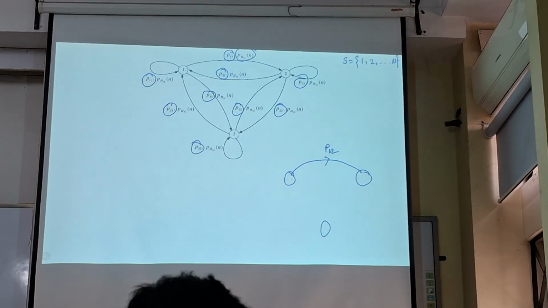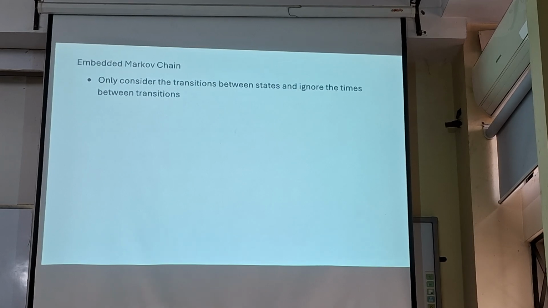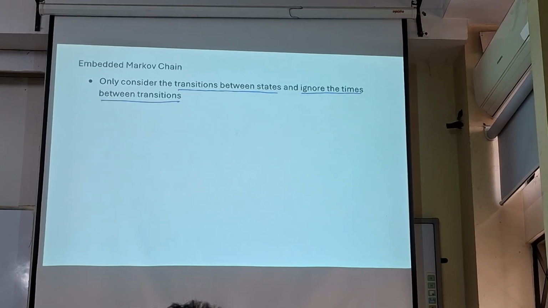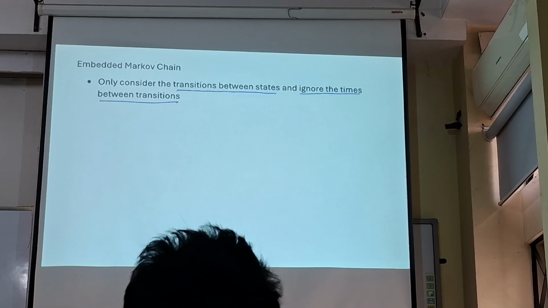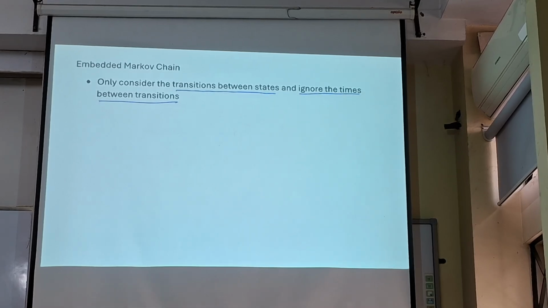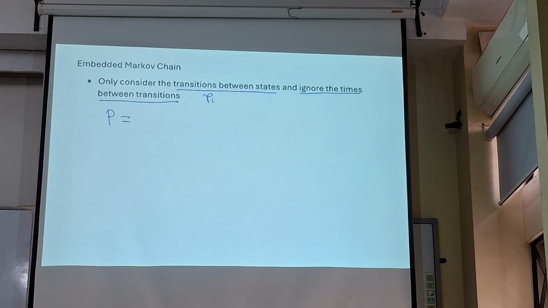We only consider the transitions between states and ignore the times between transitions. So once we ignore the times between the states, then we can easily extract one quantity. What is that? The transition probability. That means we know the probability of transition for any state i to j, and we can have the transition probability matrix.